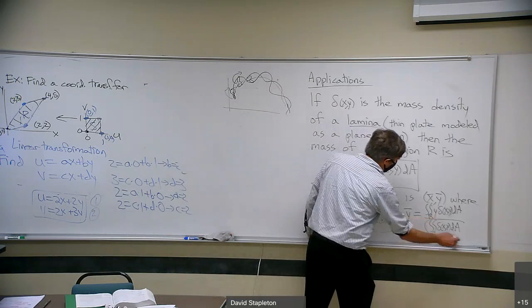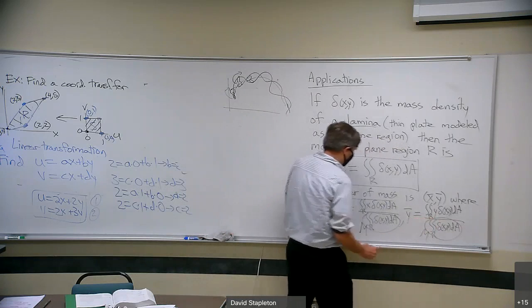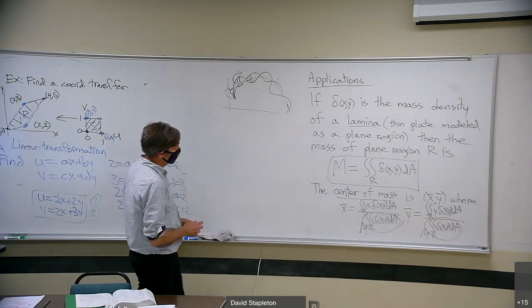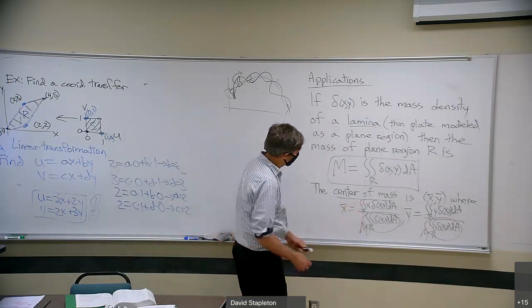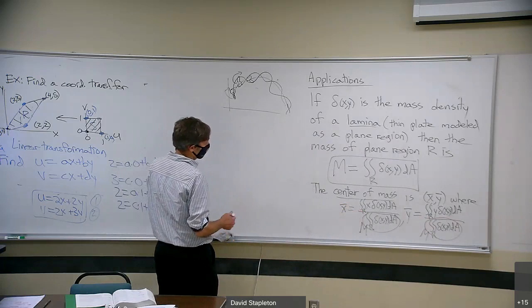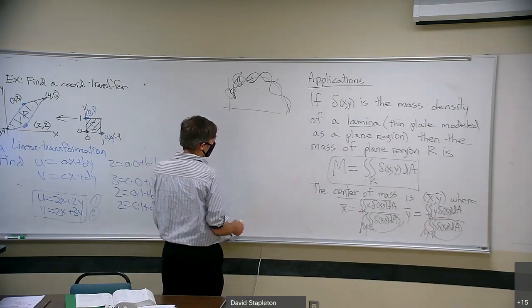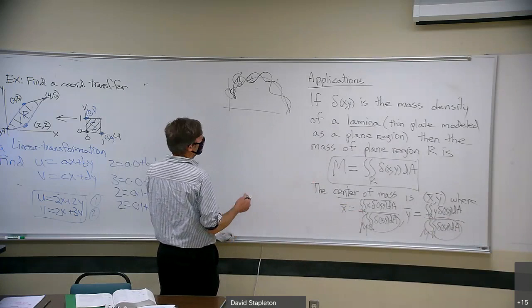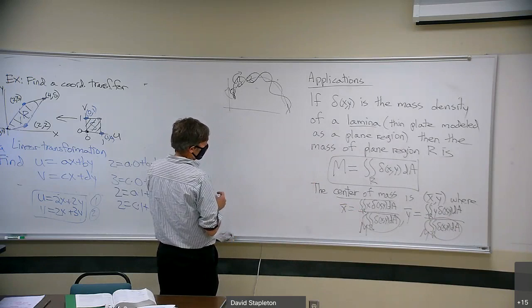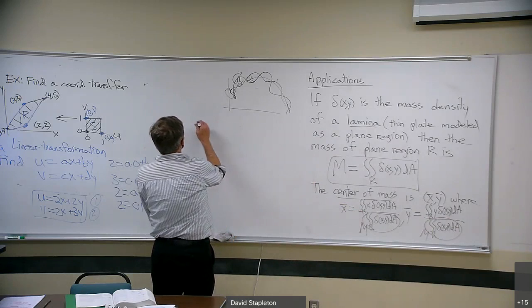So you can have the same integral in both of these, and the formula is often written like that instead of writing the double integral. I write it this way to show you that it's actually computing the mean position. But you put M, right? So that's one application. And then there's a special case.